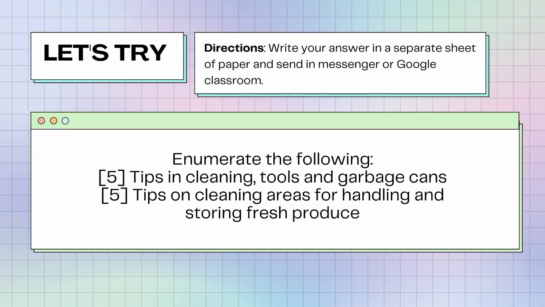But before we start, let's have an activity. Write your answer in a separate sheet of paper and send in Messenger or Google Classroom. Five tips in cleaning tools and garbage cans. Tips on cleaning areas for handling and storing fresh produce.